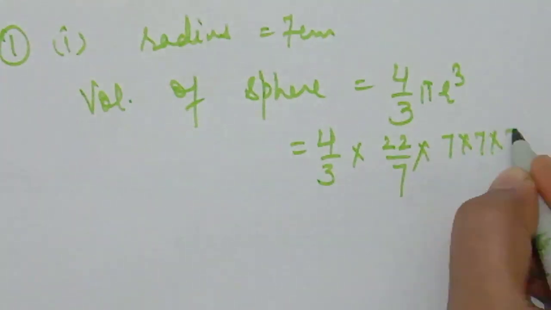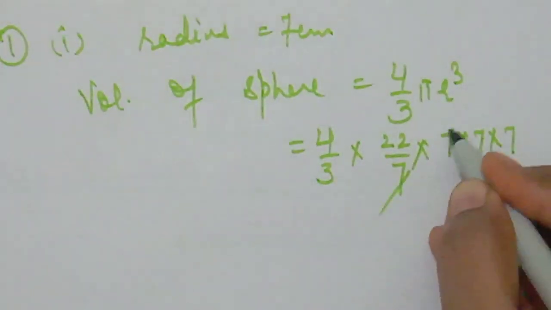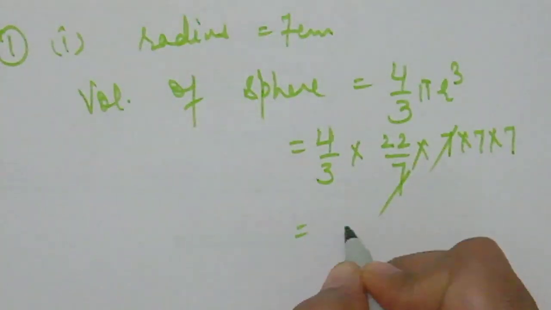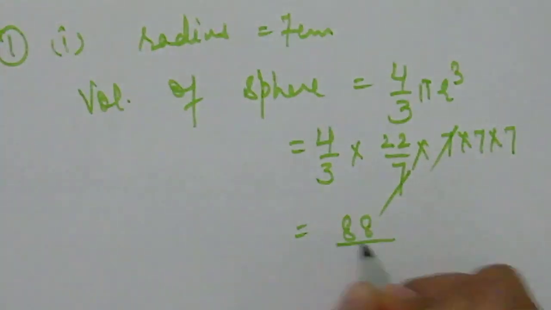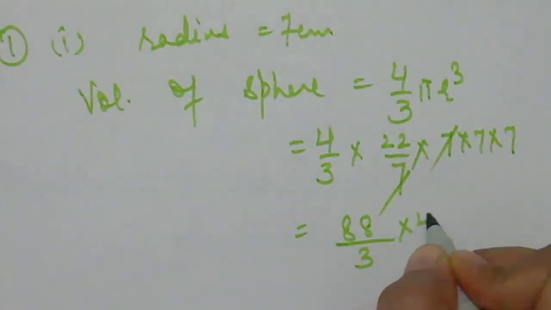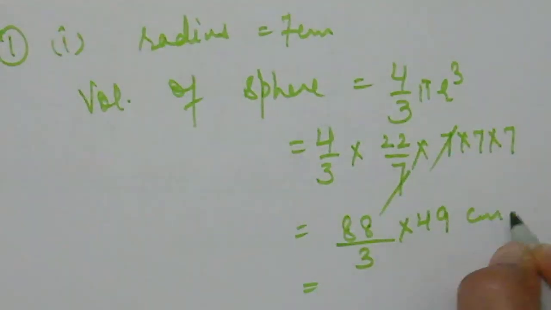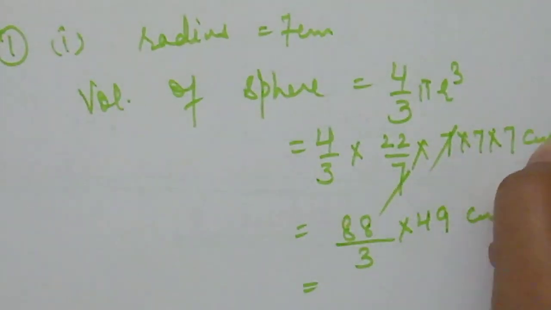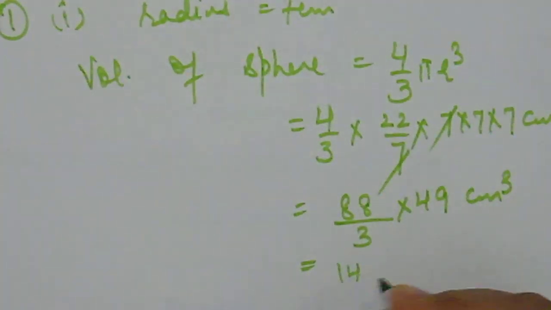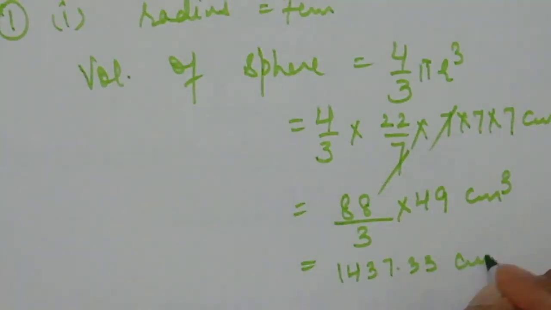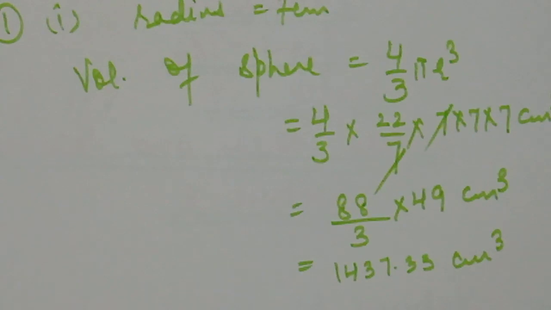It means multiply 3 times. We will cut with each other. Now it is 88 divided by 3 into 49. So it is centimeter cube. When you solve it, it is 1437.33 and so on. We will take only up to 2 decimal places. This is your volume.